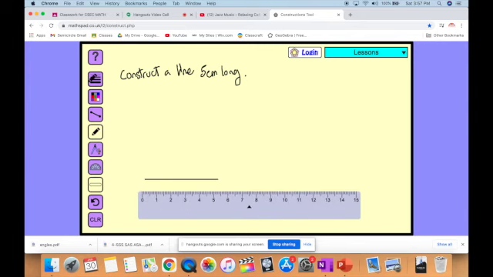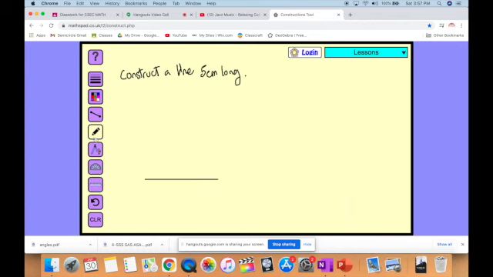But no, we do not want that. We want to construct a line 5 centimeters long. So let me add one word: construct a line segment 5 centimeters. So here's what we're going to do.